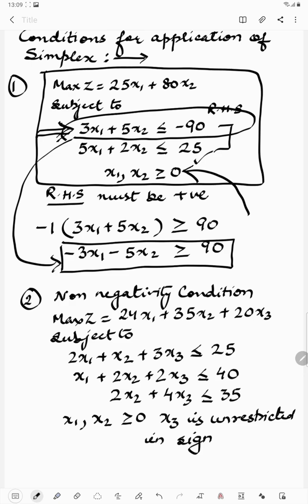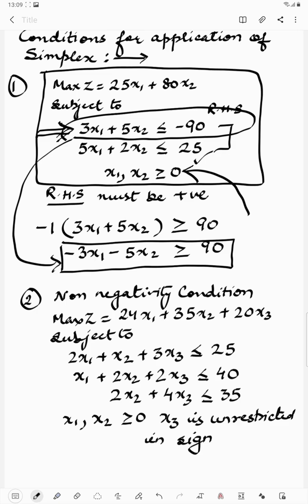Unrestricted in sign means it is free to choose any positive or negative value. So x3 can have negative values also, but that is against the condition for application of simplex. So we need to be sure that when we are solving by simplex method, the decision variables should be positive only, either positive or 0.